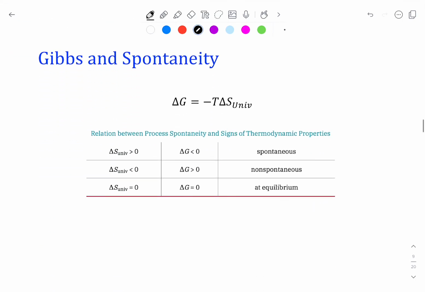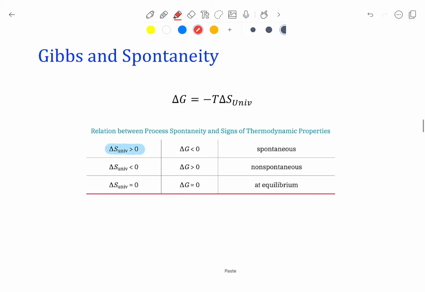So how do those relate? How does delta G and delta S of the universe relate to each other? Well, we talked about this earlier. If the delta S of the universe is positive, then the delta G is going to be negative because of that negative sign right there. It's going to flip-flop. So if the delta S is positive, delta G is then going to be negative, and the reaction is then going to be spontaneous.